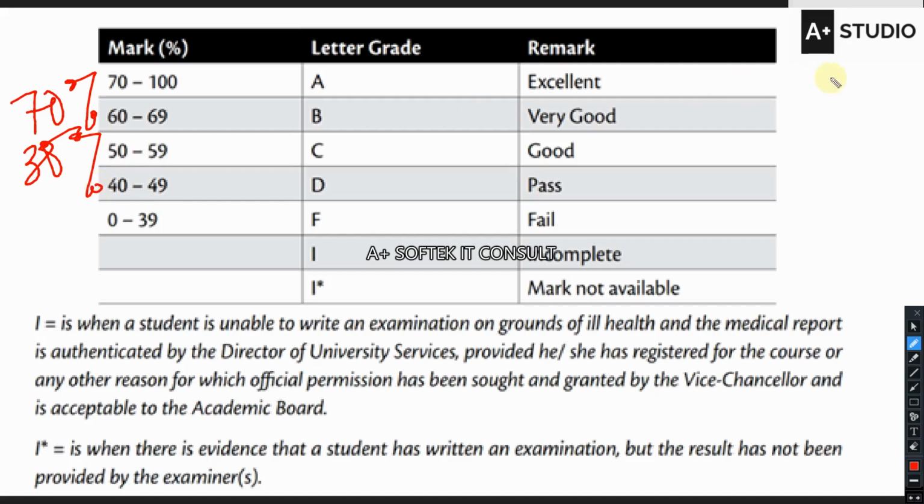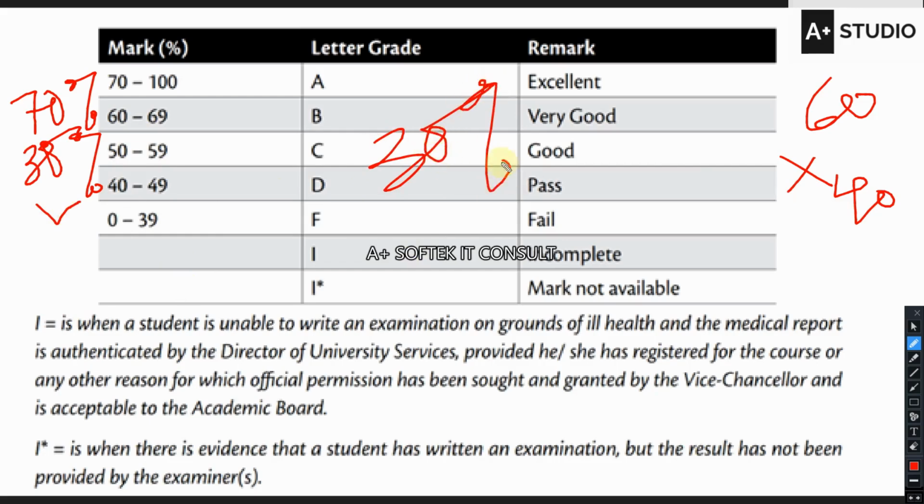This is not 60-40. No, this is not 60-40. This is 70-30, which means the 30% is going to be used for continuous assessment.